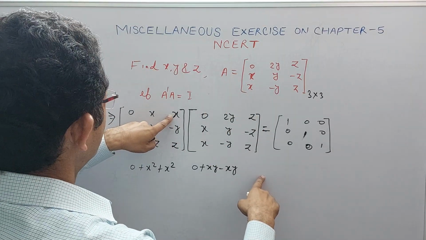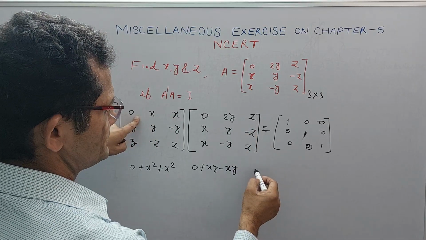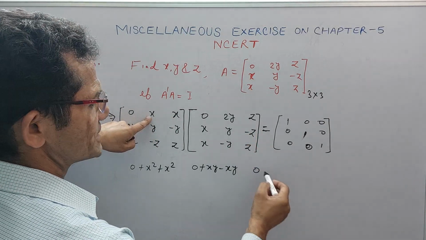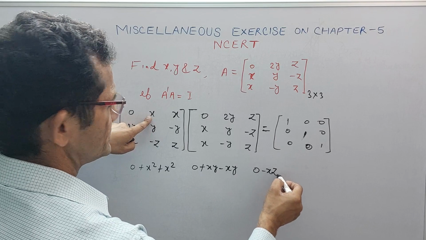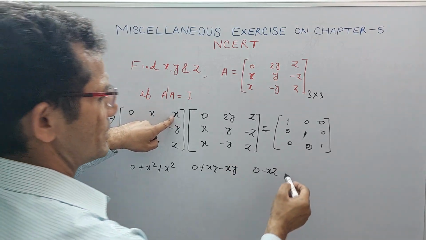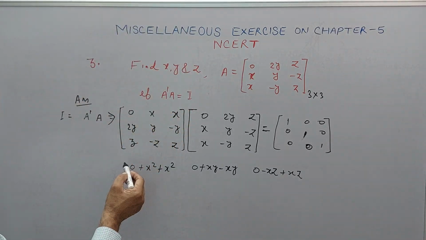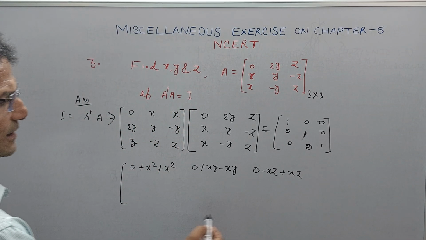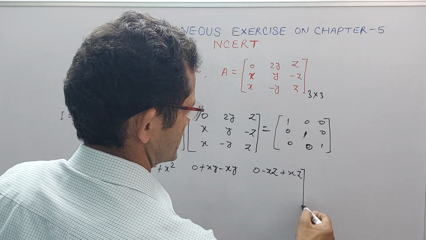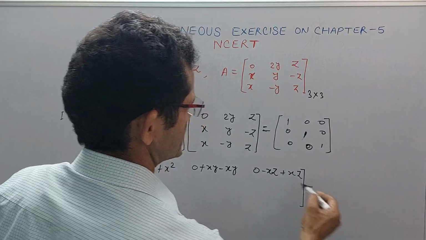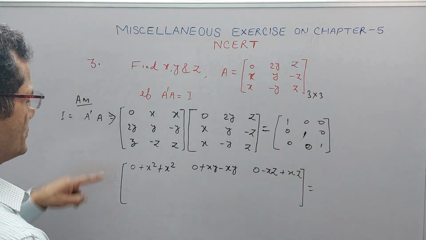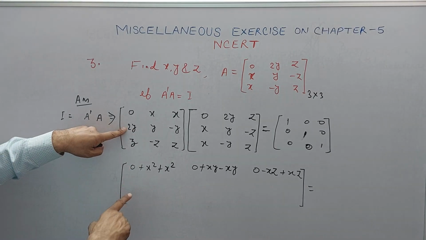So 0 into z is 0, x into minus z is minus xz, and x into z is plus xz. So this is our first row entry, written in the square bracket, and outside is the identity matrix. Now the second row.